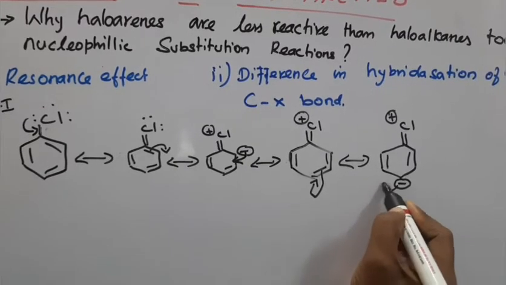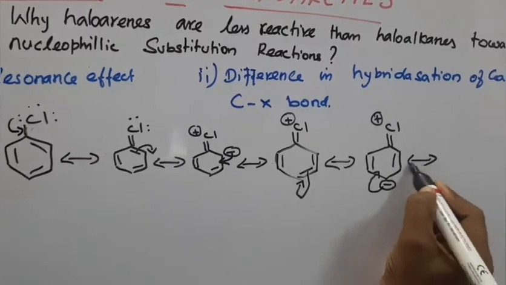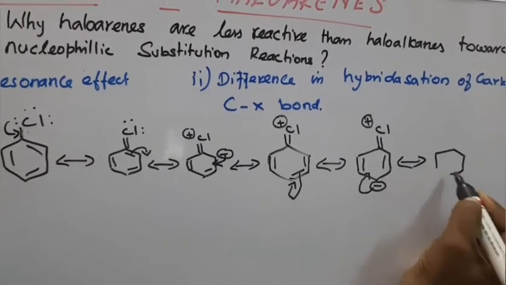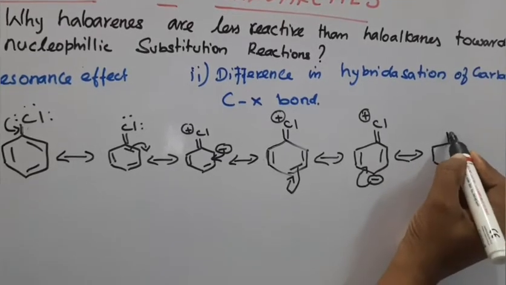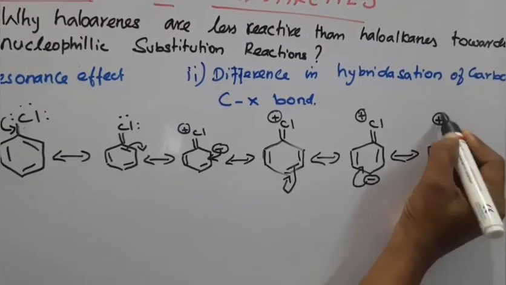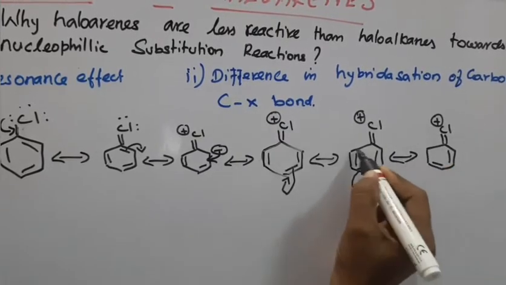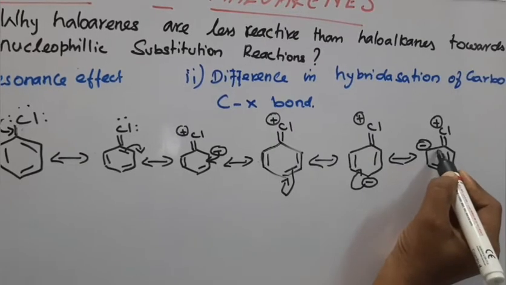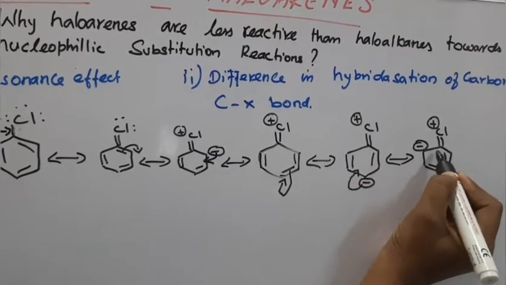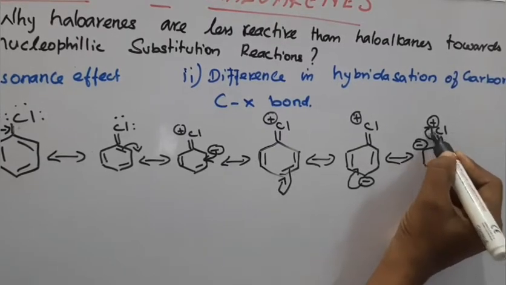After that this wants to come here, but these two nearest are not possible. Here, as it is, is one double bond with Cl positive charge, so this electron comes here. After that this electron comes to the next position, and these two nearest are not possible, so it gets back.